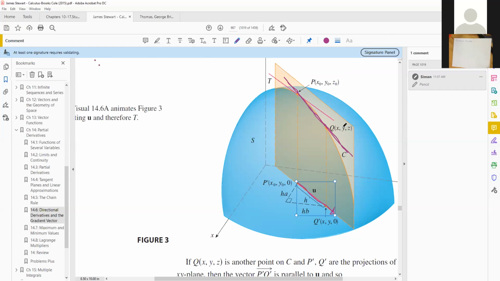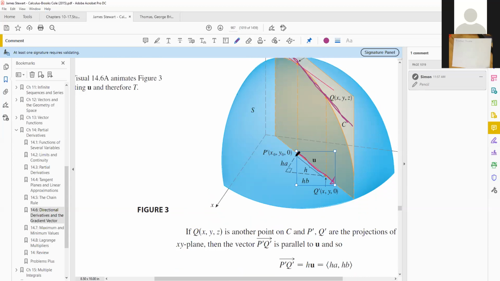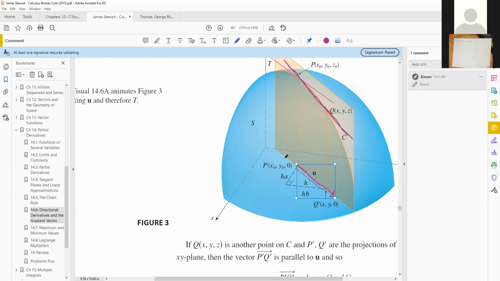How? Well, that's going to be the values of x and y of q minus the values of x, y, and z of the, sorry, the values of the z coordinate in q minus the value of the z coordinate in p, divided by y minus y naught and x minus x naught.